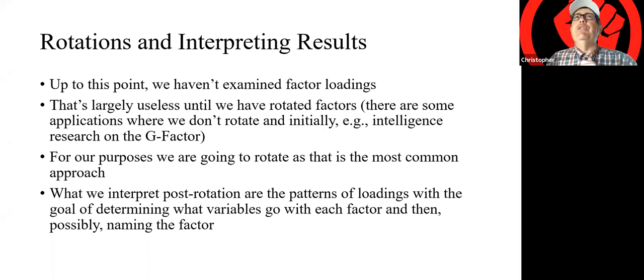I would say you almost always want to rotate your factors, but then I would scale back and say there's some applications where we don't initially rotate, such as intelligence research on G factor, like general intelligence. That's a solution where we have one overarching factor and then try to explain variance that is explained by the remaining factors after we remove that general factor.